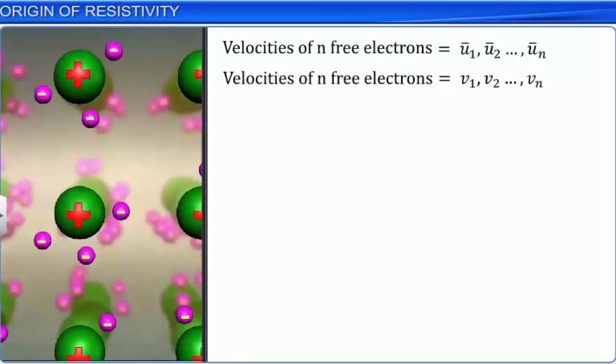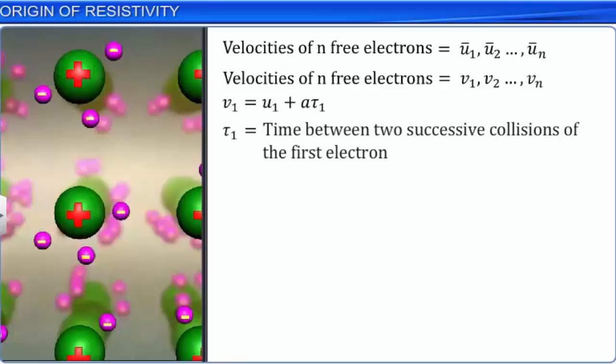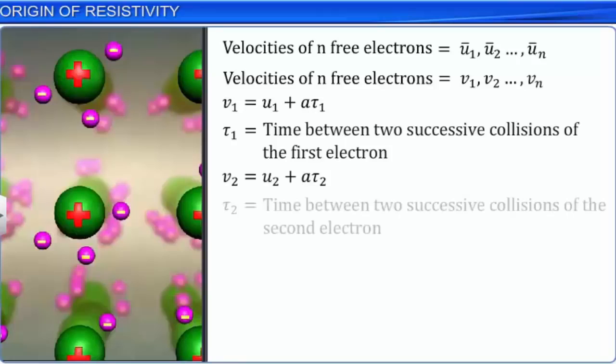Here, v1 is equal to u1 plus a into tau1, where tau1 is the time between two successive collisions of the first electron. Similarly, v2 is equal to u2 plus a into tau2, where tau2 is the time between two successive collisions of the second electron.